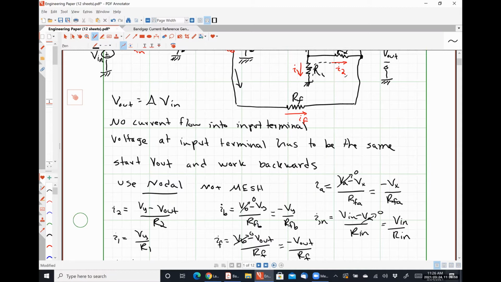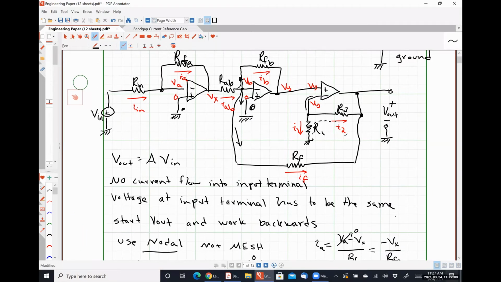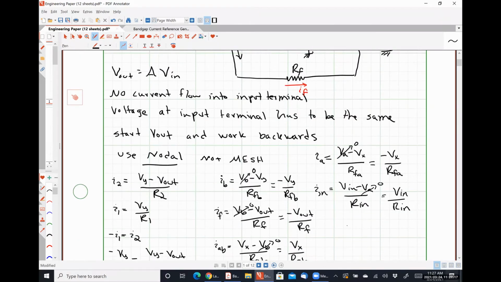Okay, so right here, again, we can't have current flowing this way. That's a big no. And so IN has to go up and flow through our feedback resistor, right? And so we can say that IA equals IN.